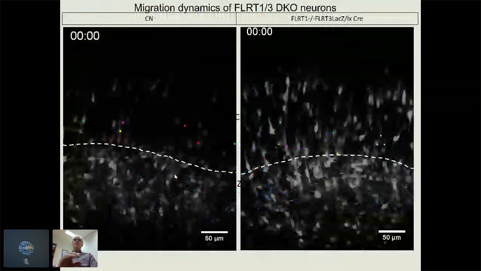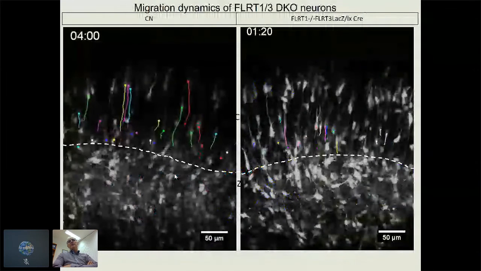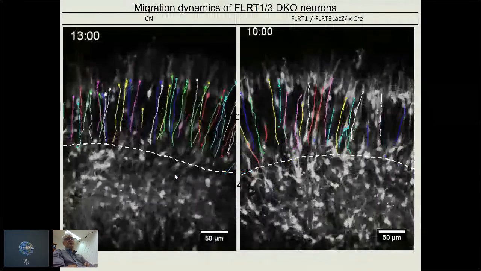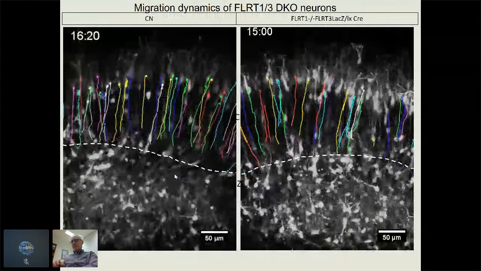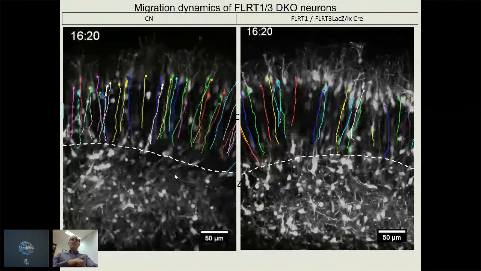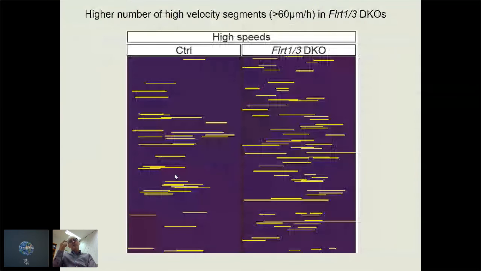And a similar picture emerged when Tobias did time-lapse imaging. He took these cortical slabs in culture, kept them alive for 24 hours or longer, and he could follow all the tracks of the migrating neurons and look at all the physical parameters, migration speed, and so on. And the only thing that really stood out differently was the time the neurons spend at high speeds.